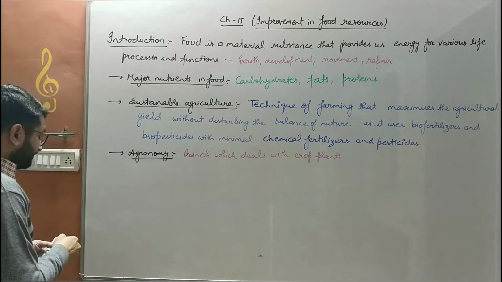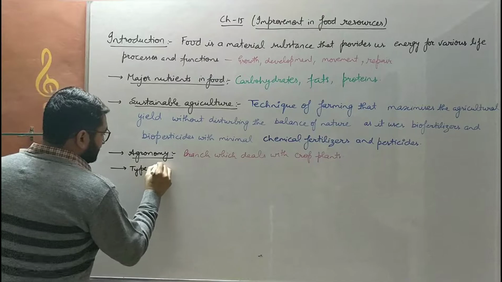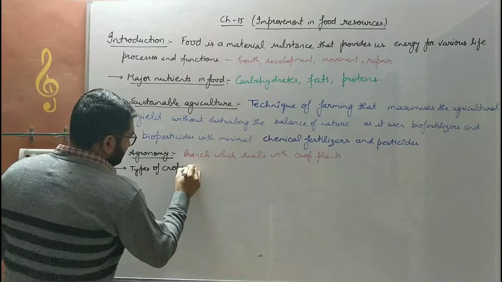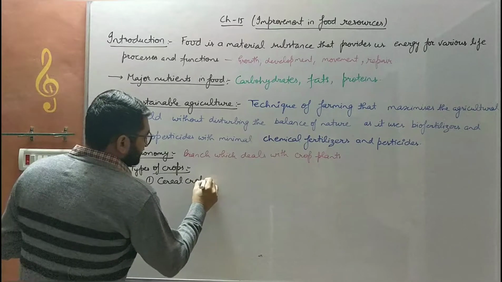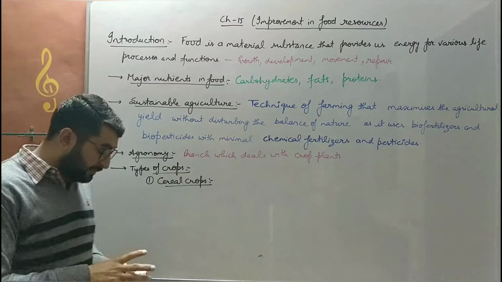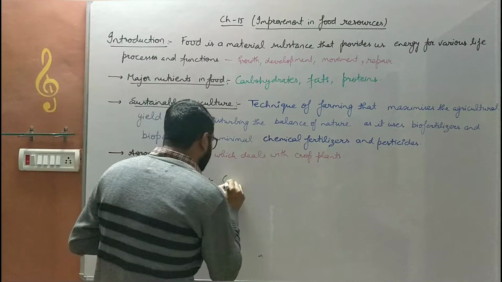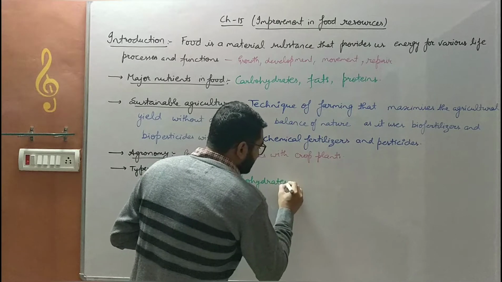Then bache, we'll discuss types of crops. The first one is cereal crops. Cereal means basically danedar, bache. The crops which majorly provide carbohydrates. These crops are carbohydrate rich crops.